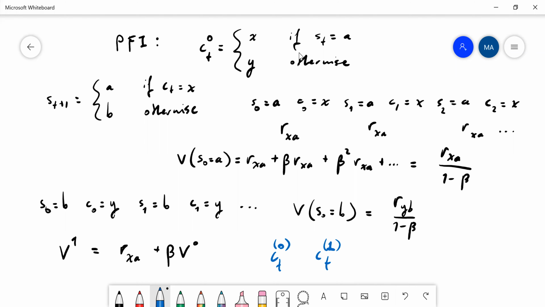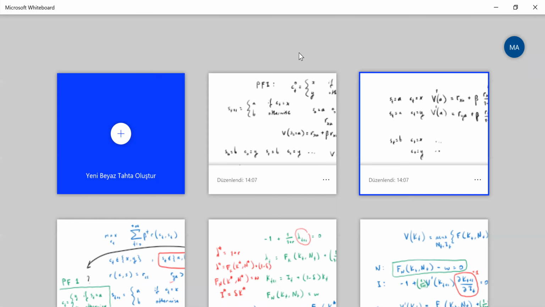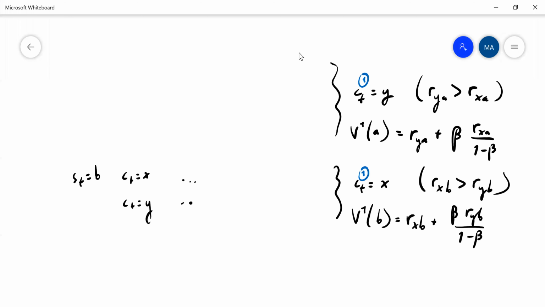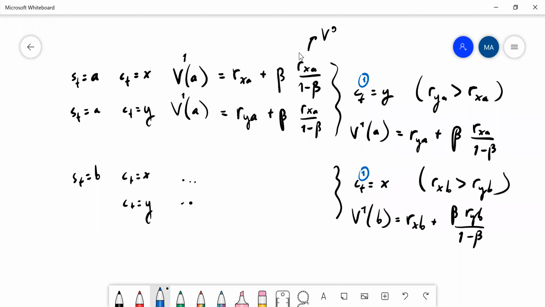First iterate and the second iterate. So it says C_t equals X if S_t equals A. So we look at what we found here. It tells the reverse, right? So there is no convergence in the first step, okay?